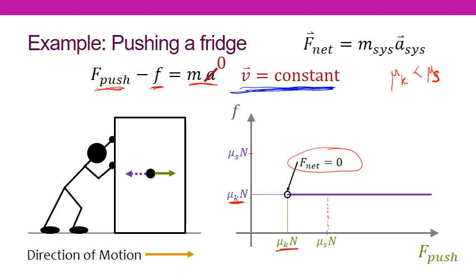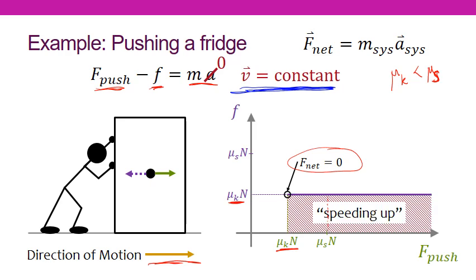And so this fridge was moving. I've just barely balanced out the forces, so it will continue to move with constant velocity. It'll continue to move in this forward direction, the direction of motion, at a constant rate. And so everywhere in this regime, I will be speeding up. I'll be accelerating.